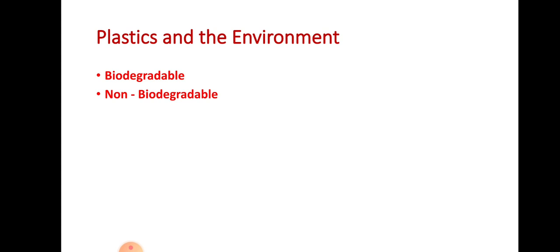Okay, so we have to solve this problem also, because plastic is very easy to use, but it is non-biodegradable and is a danger to the environment. So we have to avoid the use of plastics as far as possible.